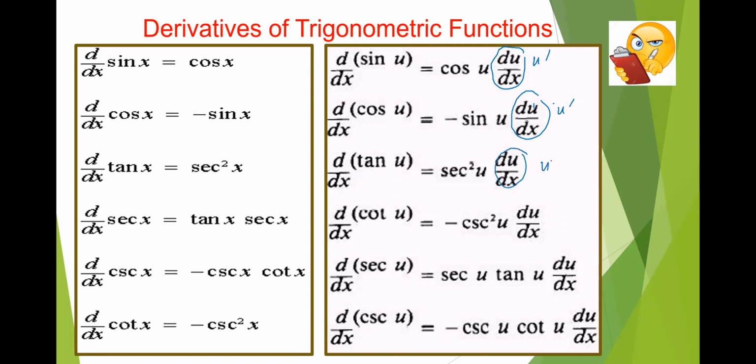So u prime lang din yon, or the derivative of whatever angle you have there. Dito nagkataon kasi na yung angle mo x eh. And what's the derivative of x with respect to x? 1. Kaya it's as if meron kang 1 dito na factor, which is optional to write.